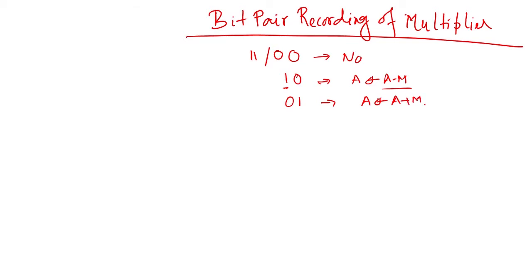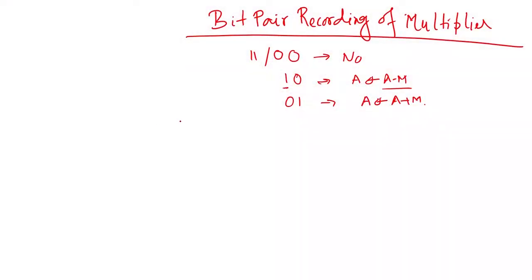Now, one interesting thing: instead of looking at 2 bits, if we look at 3 bits, we will get something different. Let us say we have the ith bit position, the i minus 1 bit position, and the i plus 1 bit position.